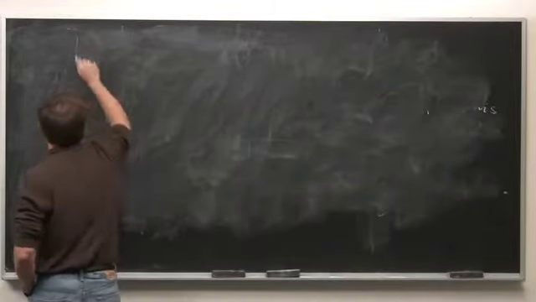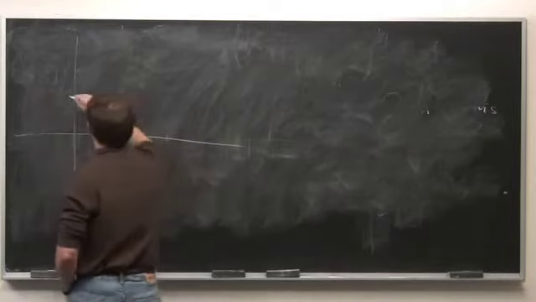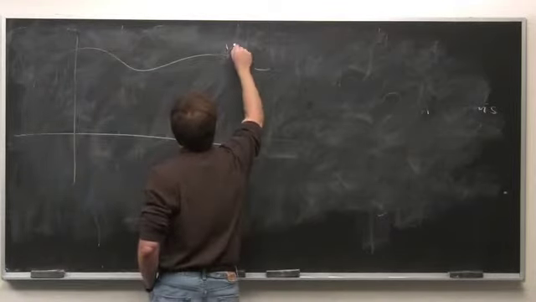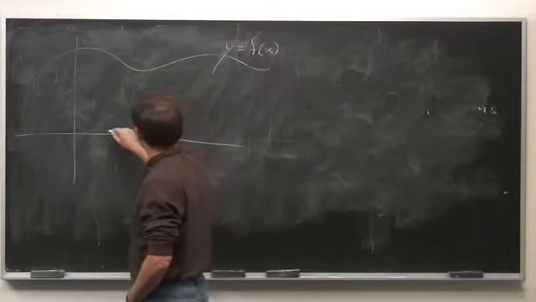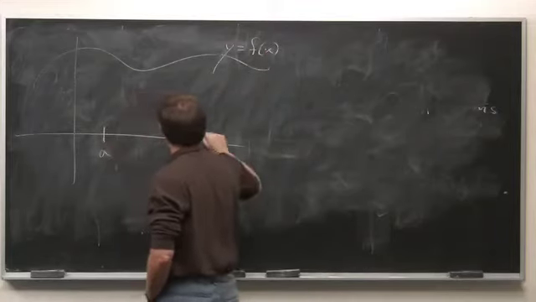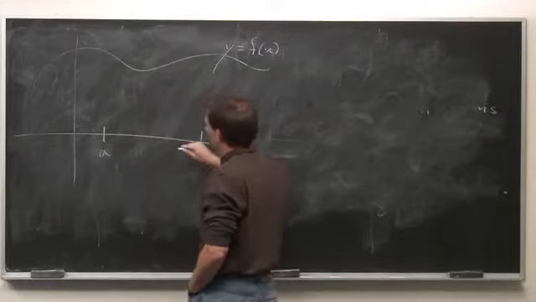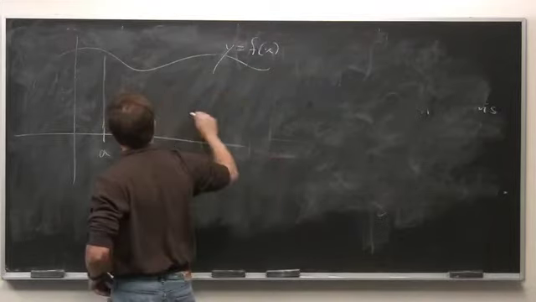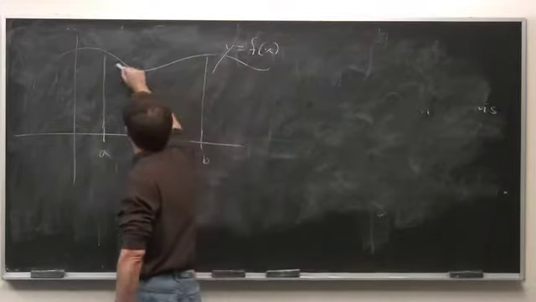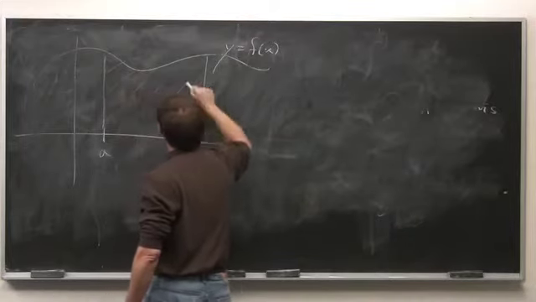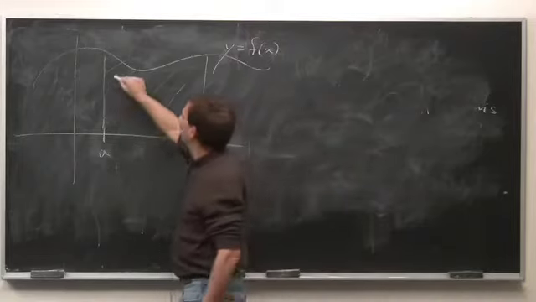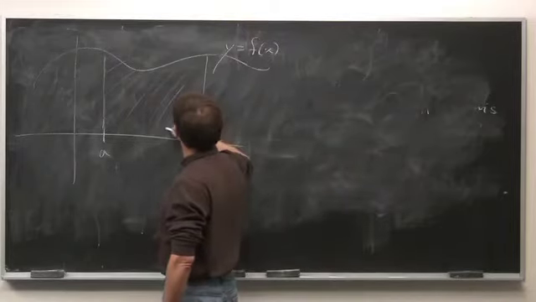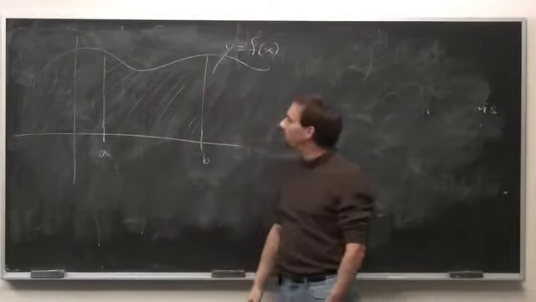So the standard kind of picture for this would be, here's some function, here's a, here's b. The integral from a to b is represented graphically by this area under the curve and above the interval from a to b.